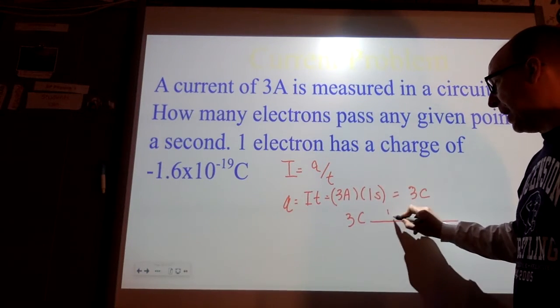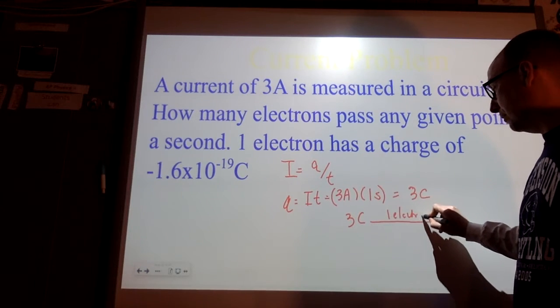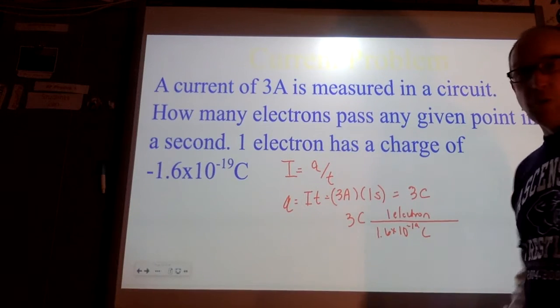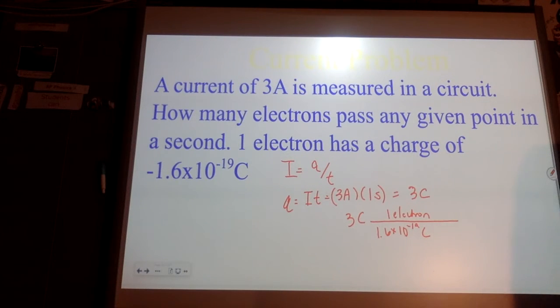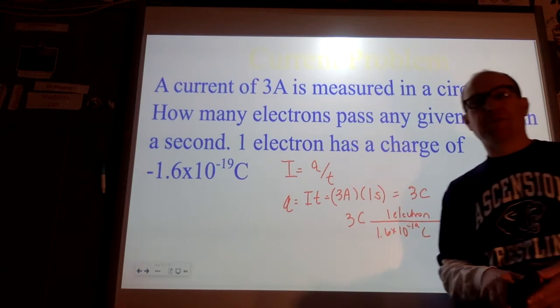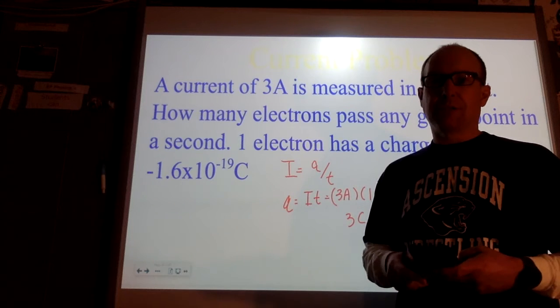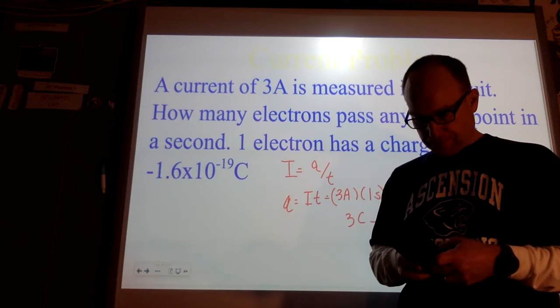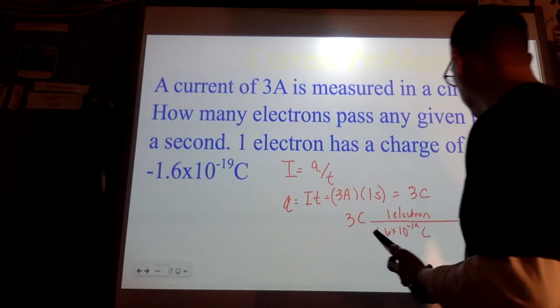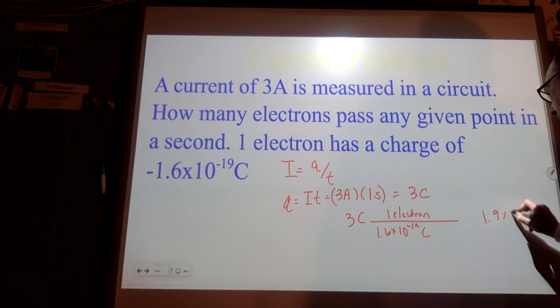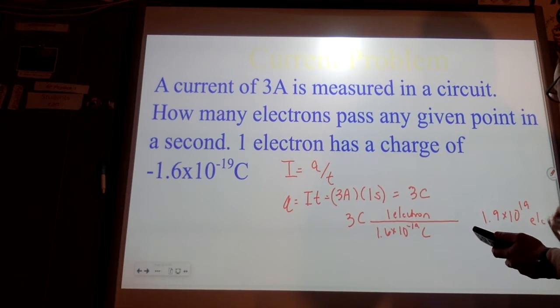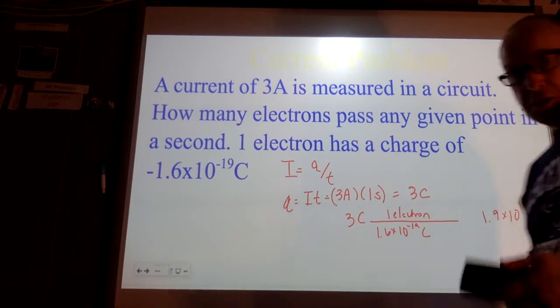And then we know that 1 electron has a charge magnitude, so I'm not worried about sign, of 1.6 times 10 to the negative 19th coulombs, or 1.602. We typically just use 1.6, but you might see 1.602 in other places, and I don't want you to be confused. So this gives us about 1.9 times 10 to the 19th electrons every second.